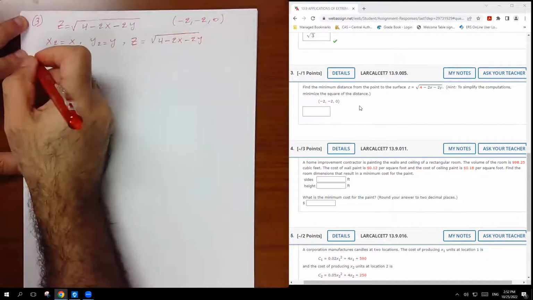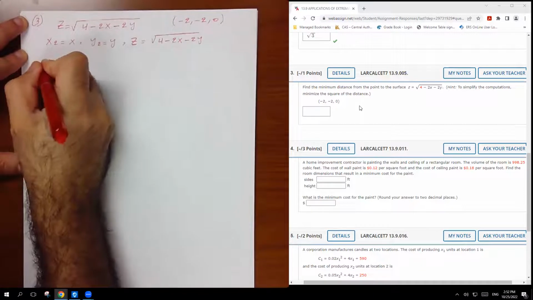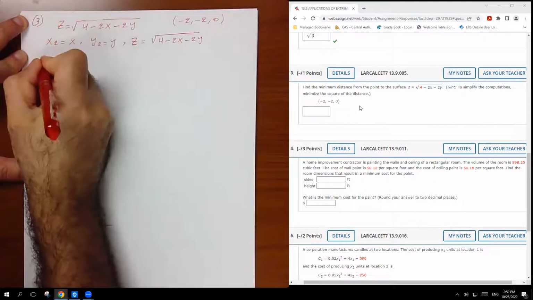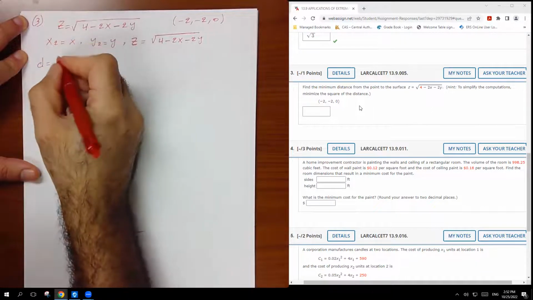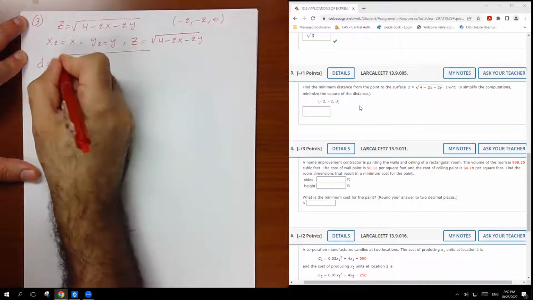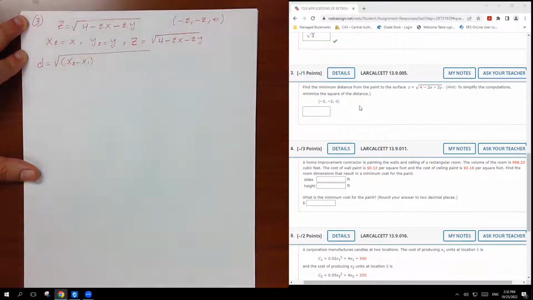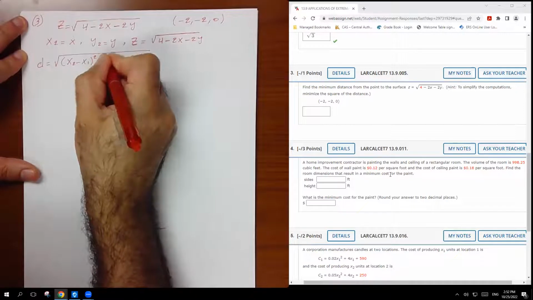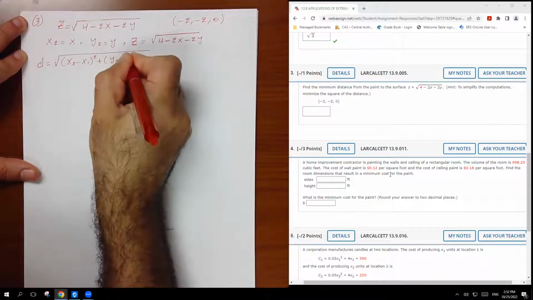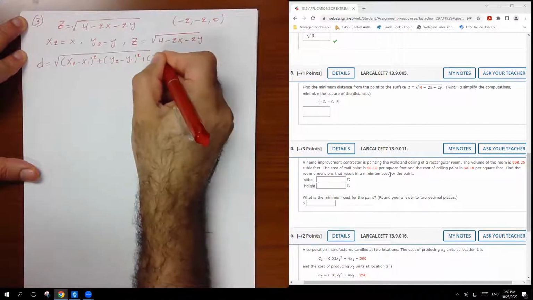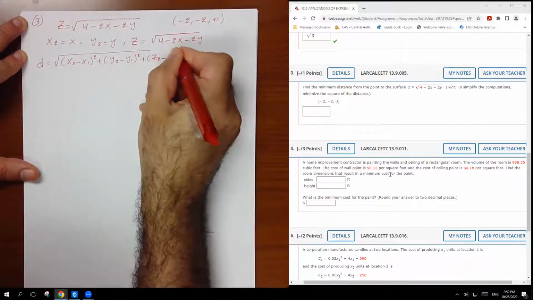We're going to do the same thing, the distance squared. The distance is going to be equal to the square root of x2 minus x1 squared plus y2 minus y1 squared plus z2 minus z1 squared.